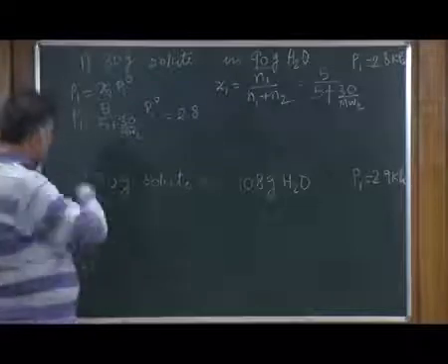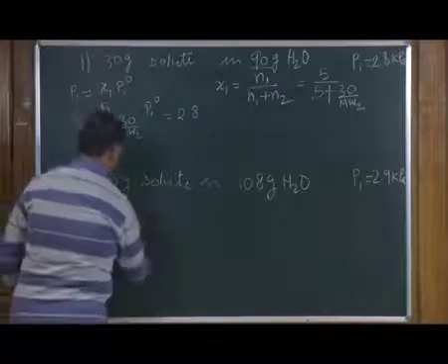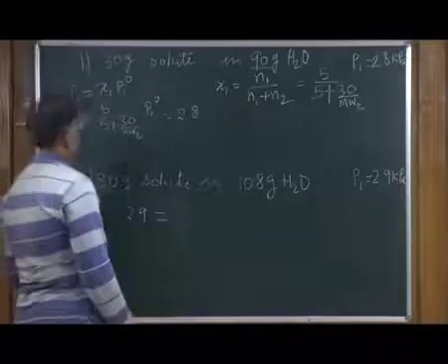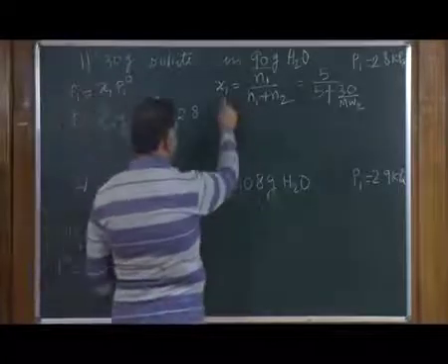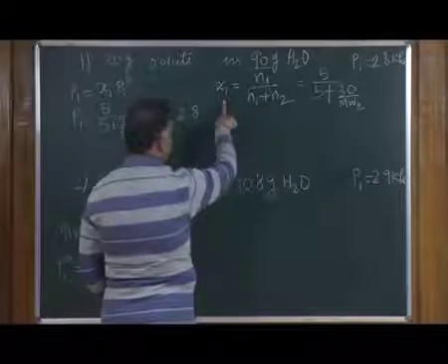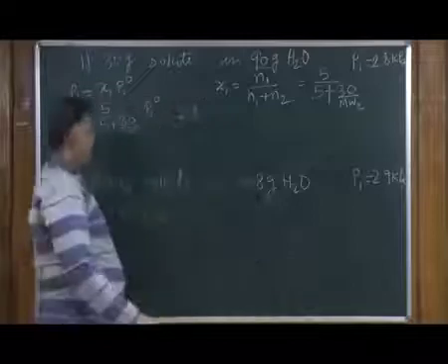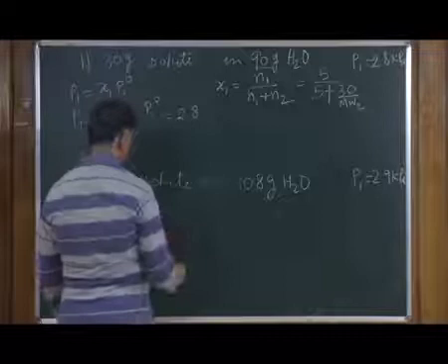Now, same equation we can set it up for the second solution and that would be 2.9 kilopascal is equal to x1. So, in this case now to calculate x1 the amount of water present is 108 gram and that conveniently is 6 moles. So, N1 is 6.